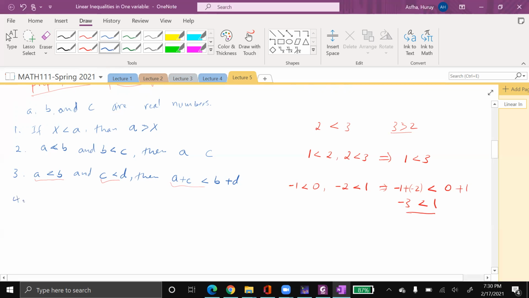And property number 4, suppose A is less than B. Okay.